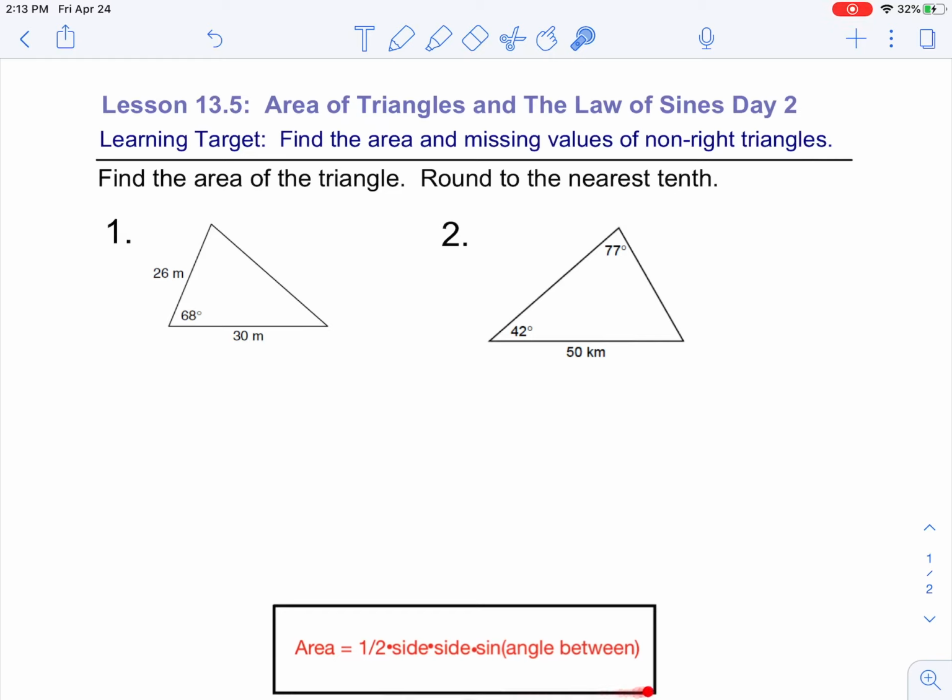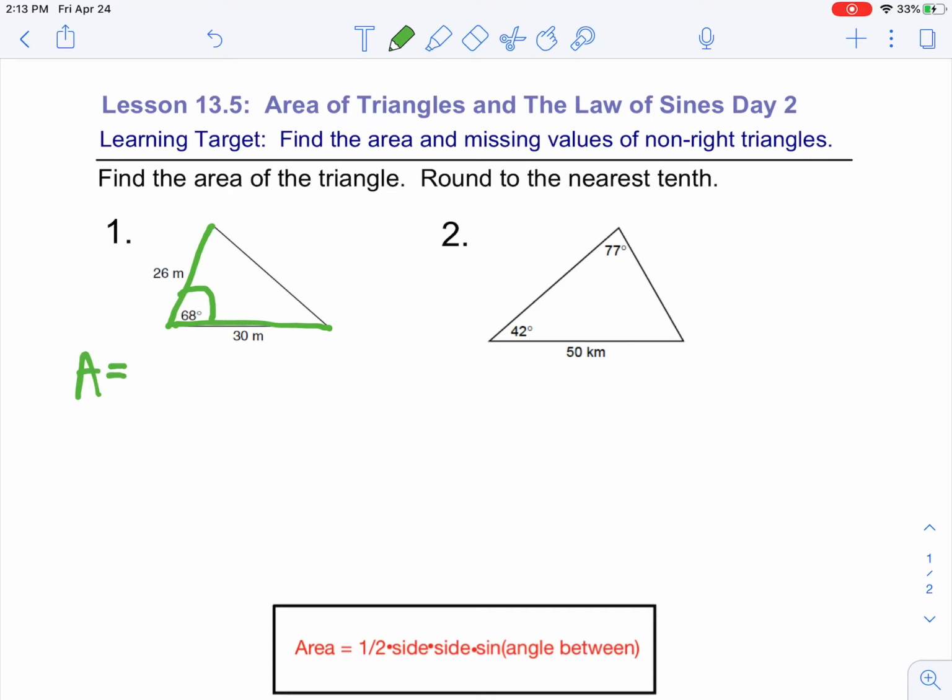Remember, in order to use this equation, we have to be given two sides and the angle that is between those two sides. So if you look at number 1, we are given two sides, which are 26 meters and 30 meters, and we are given that angle in between, which is 68 degrees. So this one's ready to go. We can substitute everything into our equation.